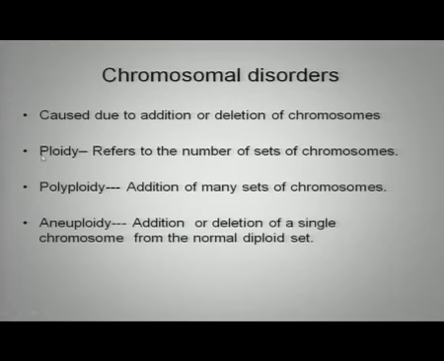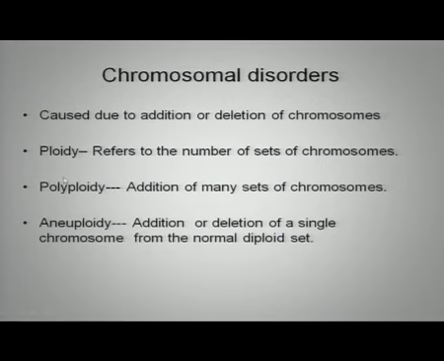Here comes the basic concept, ploidy. You have already heard about it: haploid, diploid, triploid, tetraploid and pentaploid and polyploid, like that. So, what is ploidy? Ploidy refers to the number of sets of chromosomes present in an individual.